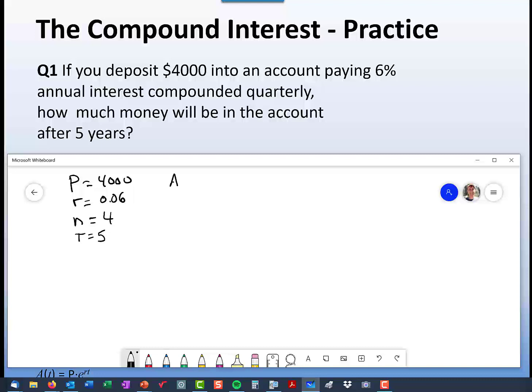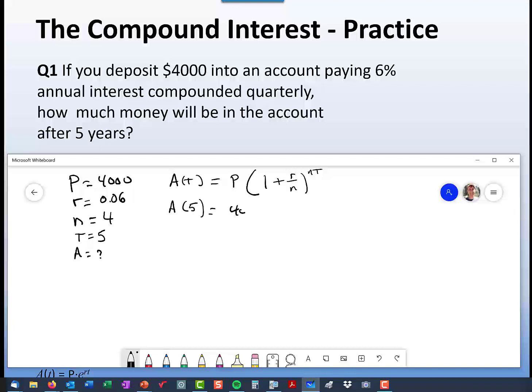Now, this function is our equation for calculating the amount of money that we are earning. And so at this stage, it's really just a matter of plugging in.